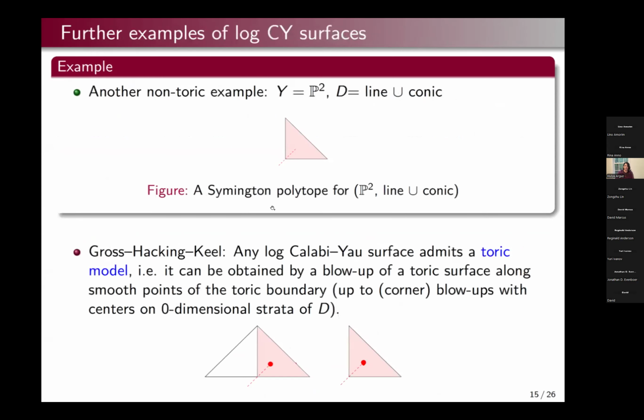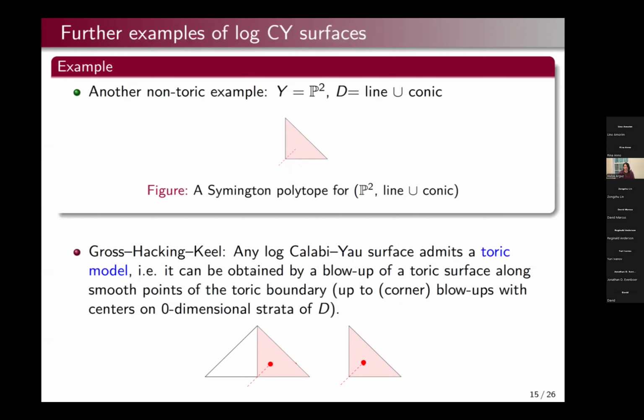Or alternatively, the second way to obtain such a surface is to destroy the toric boundary. Like if you take P2 and 3 lines in P2, this is a toric variety with toric boundary. But you can smooth out the intersection of two of these intersecting lines. You would get a line and a conic, which will give you a non-toric boundary, and it will correspond to a local Calabi–Yau surface.